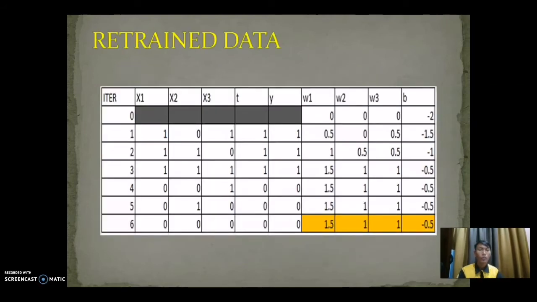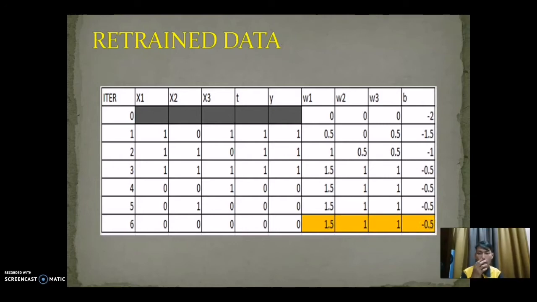So we just follow the four steps. For the answer for the W1, we will get the last iteration 1.5, 1, 1, -0.5.